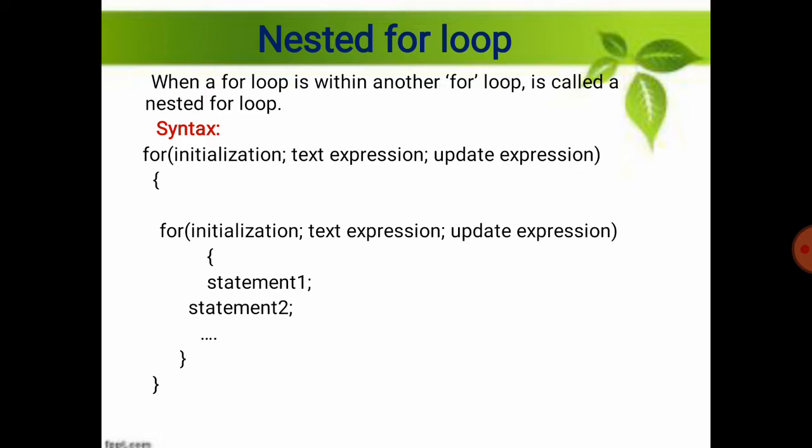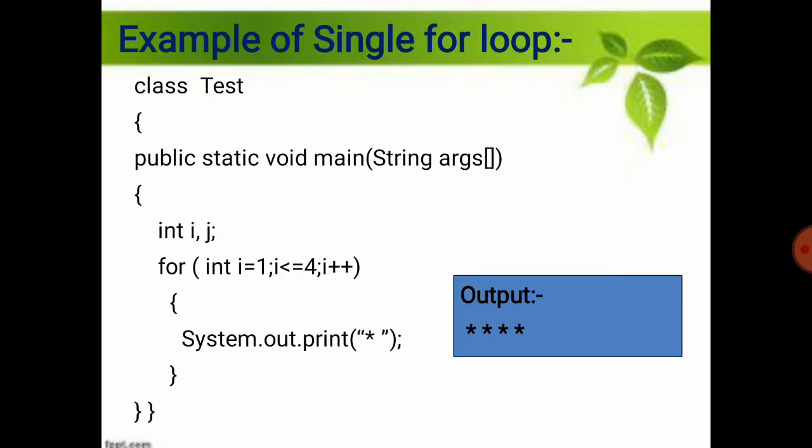Now nested for loop. When a for loop is within another for loop, it is called a nested loop. Now an example. First I have taken an example of a single loop. Here see this: for i = 1, i < 4, i++.